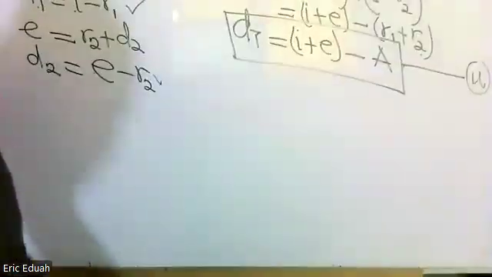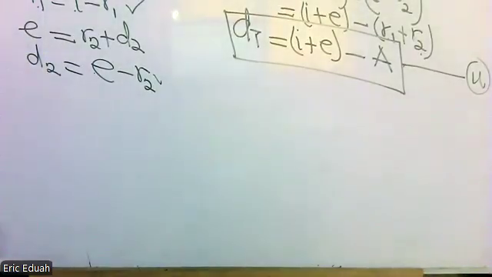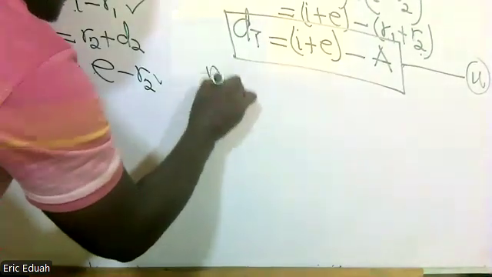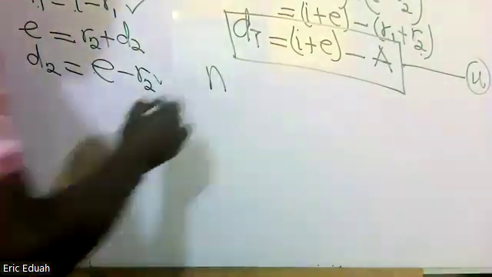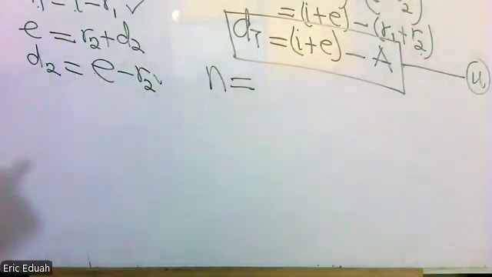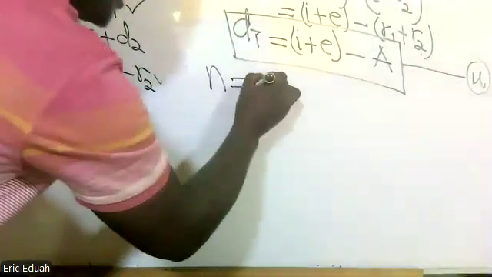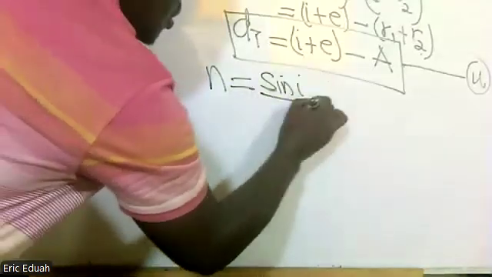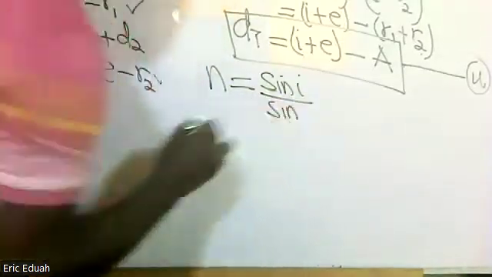Now, if you want to determine the refractive index, as usual, Snell's law. So the refractive index of the glass block, which we are representing by nu, is always sine of the angle of incidence ratio to the sine of the angle of refraction. But the question is, which one?